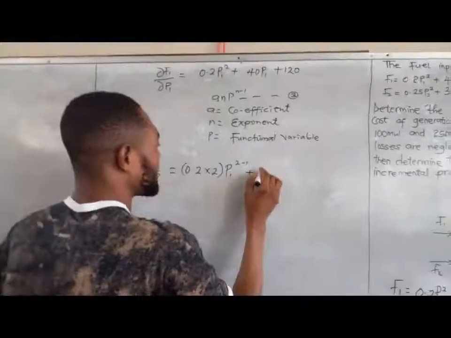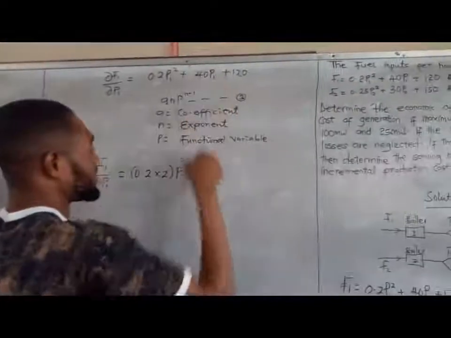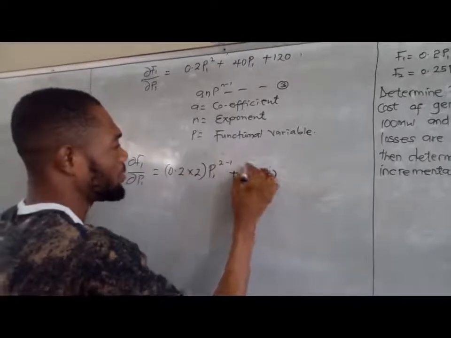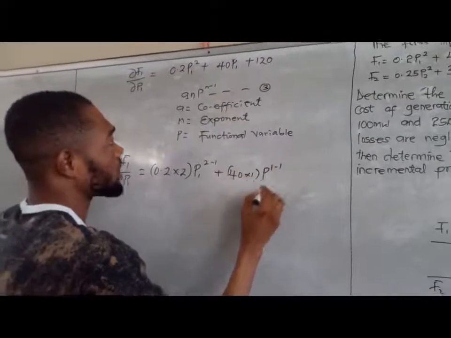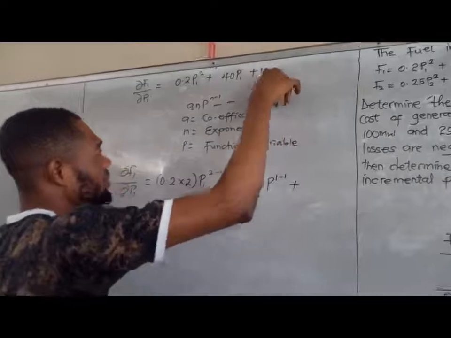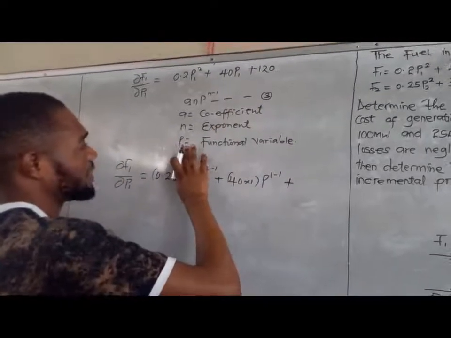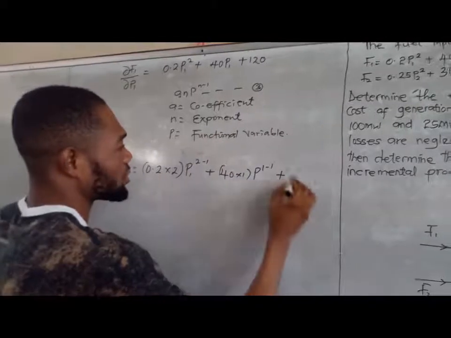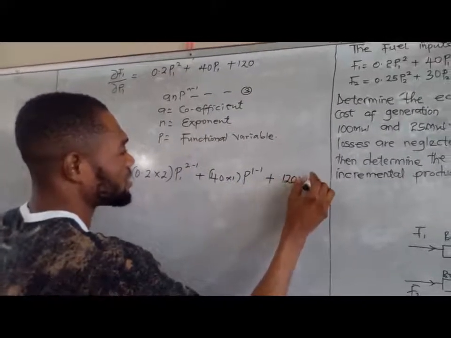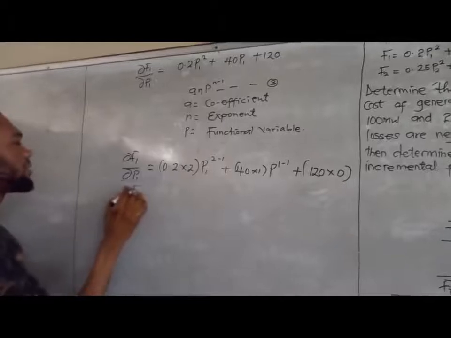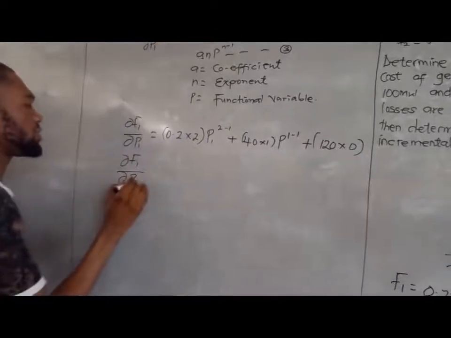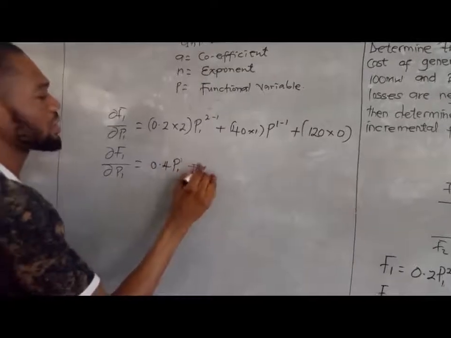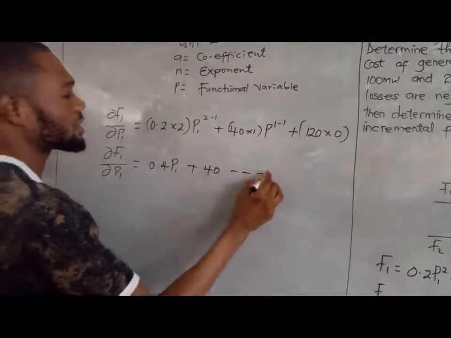Then plus 40: the coefficient is 40, the exponential power is 1, so we multiply by 1, P1 to the power 1 minus 1. Plus the coefficient 120, where the exponential power is 0, so 120 times 0. Then we have dF1 over dP1 equals 0.4 P1 plus 40 as our equation 4.